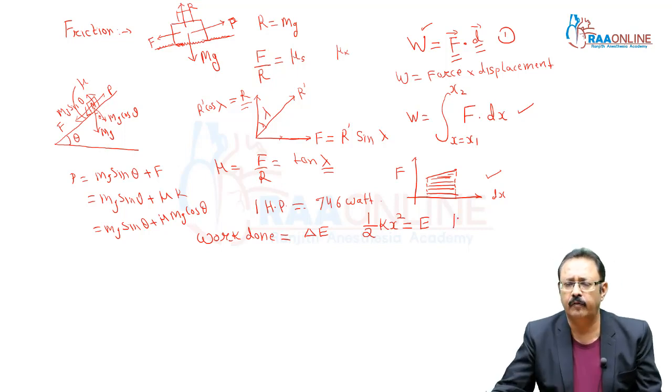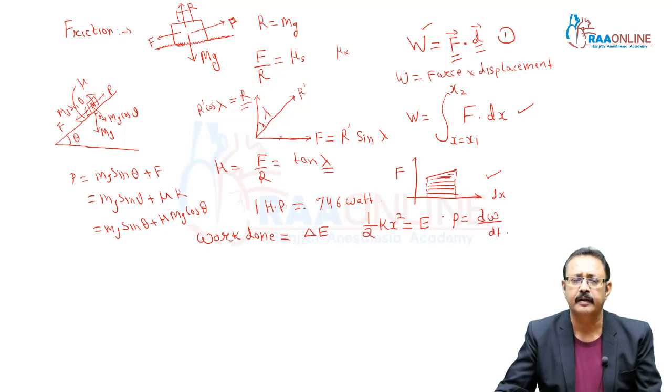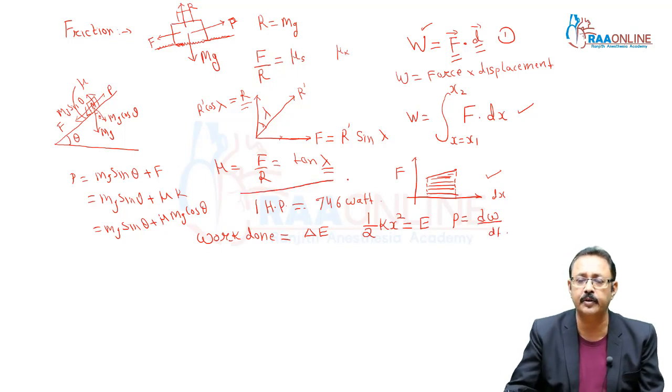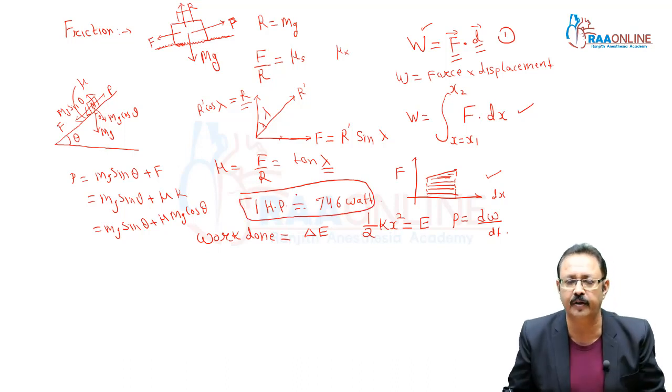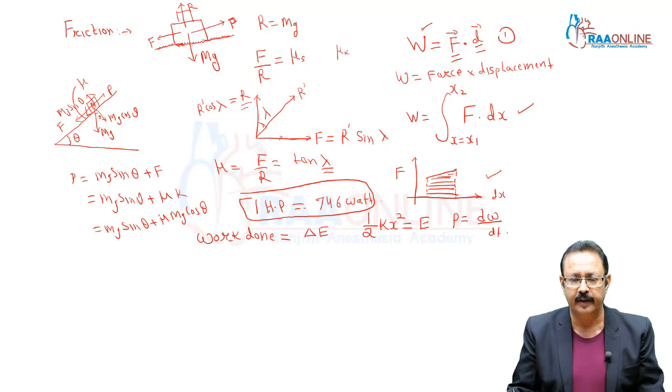Power. What is power? Rate of doing work is power, dW by dt. We are saying horsepower, not energy. It is the unit of power, horsepower. 1 horsepower is 746 watt.